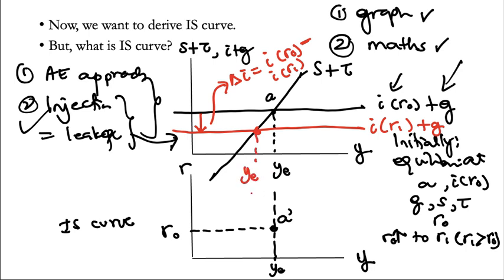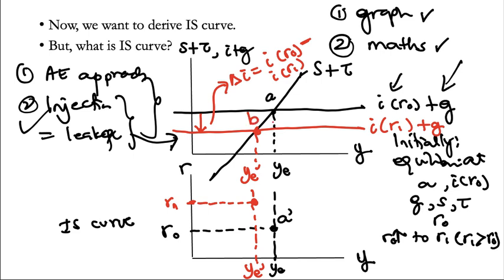Equilibrium income is here. Therefore, in the second, corresponding graph, which is the IS curve derivation, we have YE, red, put it prime. And we know that R1 is higher than R0, so R1 is here, YE is here. So this is the point.